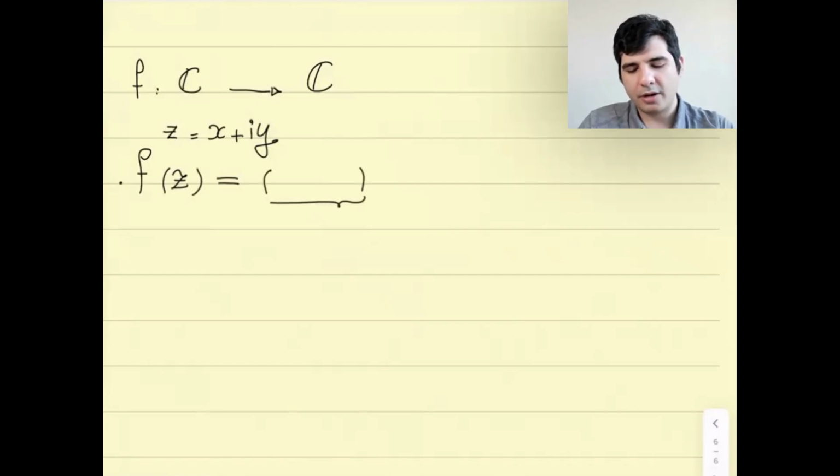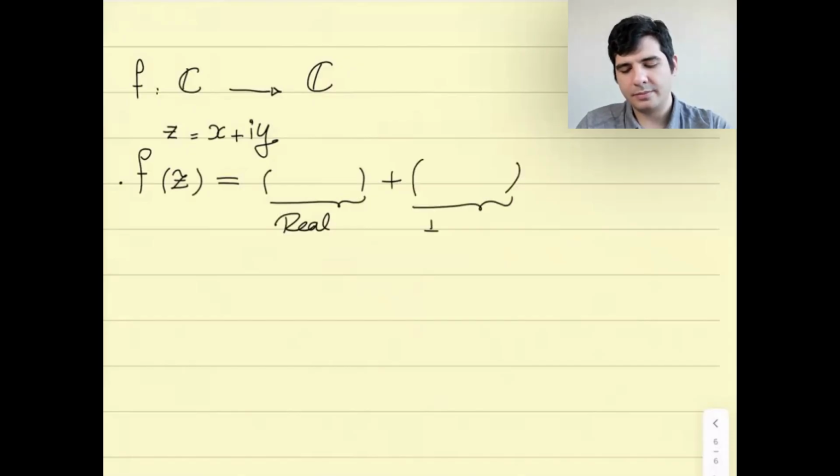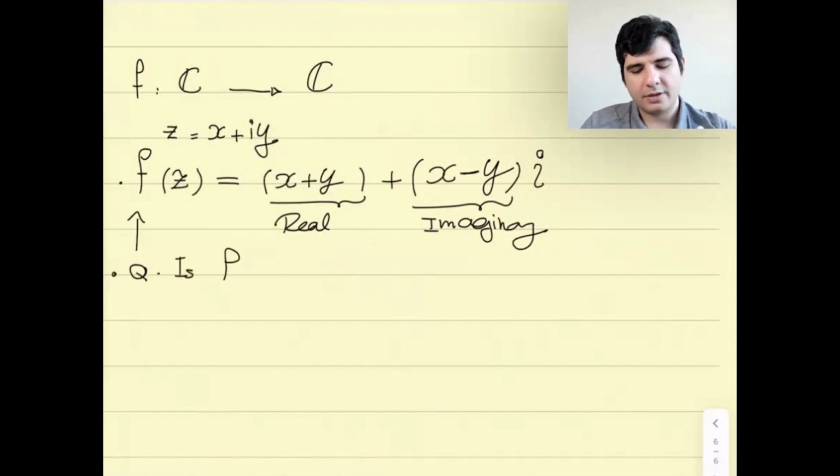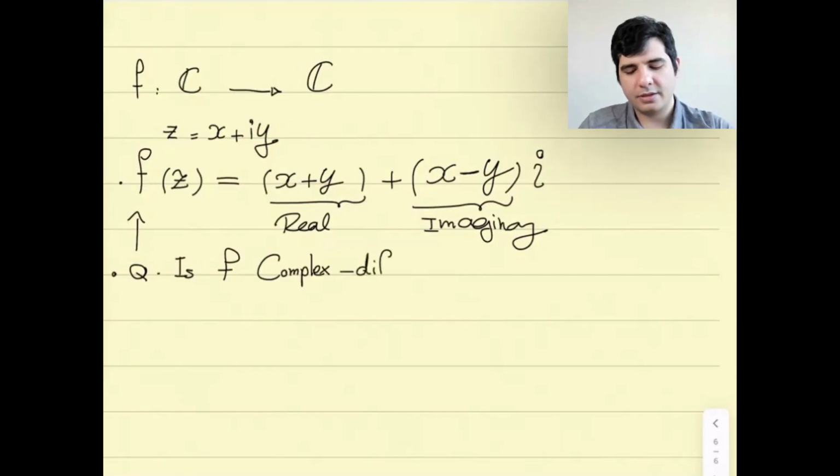So it has a real part and an imaginary part, right? And the imaginary part is the part which is multiplied by i, right? Let's say the real part is x plus y and the imaginary part is x minus y. Is this function differentiable or not? Is f complex differentiable or not?